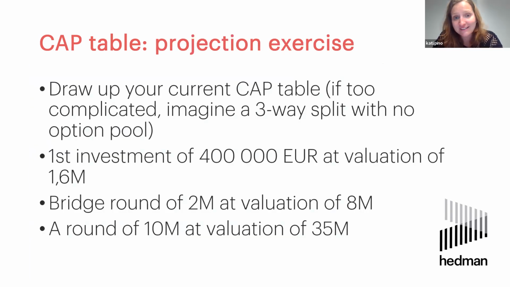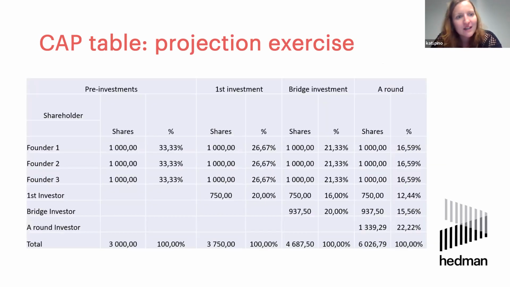I also have an exercise here, but I'm just going to show you the outcome of the exercise. So first, there is a nice three-way split. Then there is a first investment, which dilutes all the founders from 33% to 27%. Then there is another investment, which dilutes them to 21%. And on the third investment, they are all diluted to 17%.